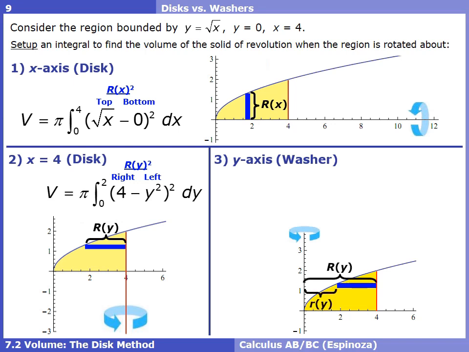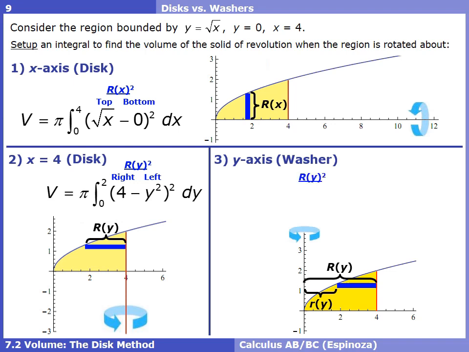Again, this is a washer, so be very careful. Little r goes from the axis of rotation to the point closest away on that representative rectangle. Big R goes from the axis of rotation to the point furthest away on that representative rectangle. Once you get those two visually set up there, it's just a matter of doing right minus left for both of them.